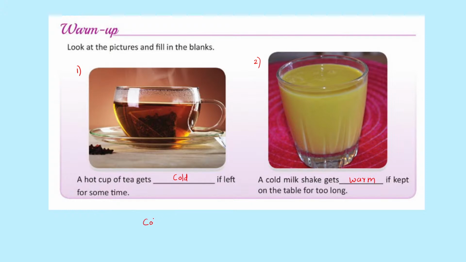Let us try to understand hot and cold objects in more detail. How do we define a hot object or a cold object? In this example, the hot object doesn't remain hot, it becomes cold. The cold object doesn't remain cold, it becomes warm. So let us try to understand it with more examples in today's class.